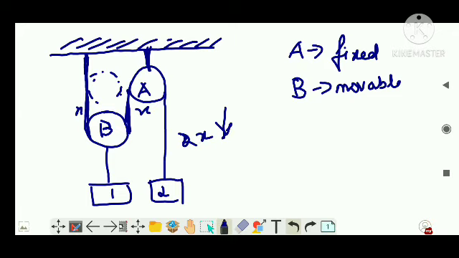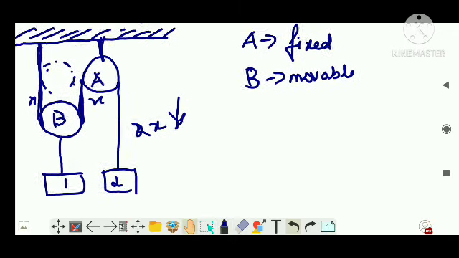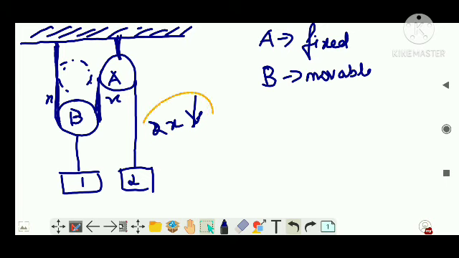Clear? Now I am going to draw the figure in complete section. Let me move this outside and rub it. Remove x. Concept is clear?